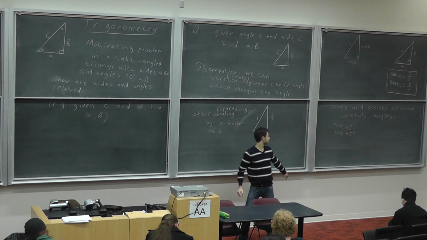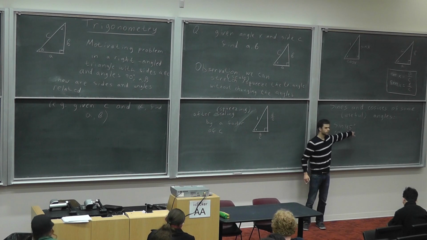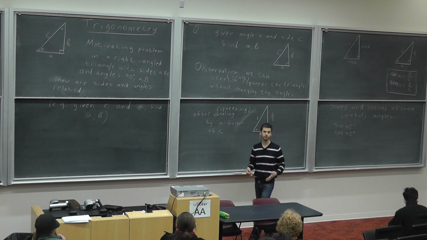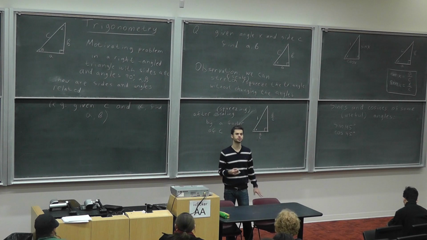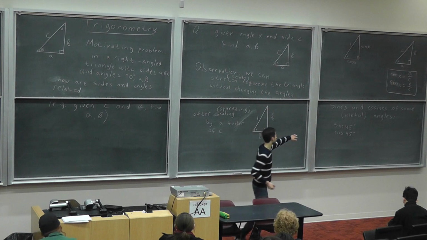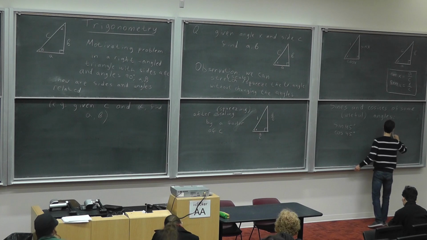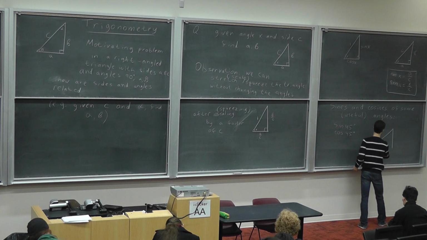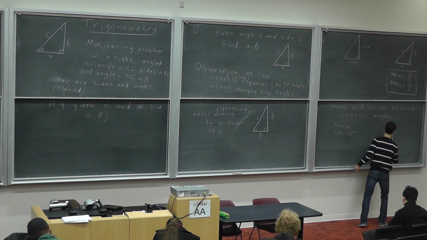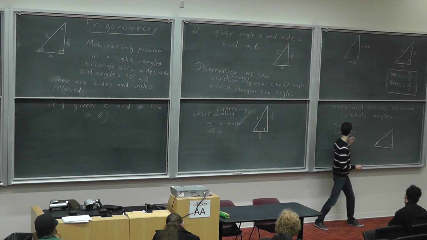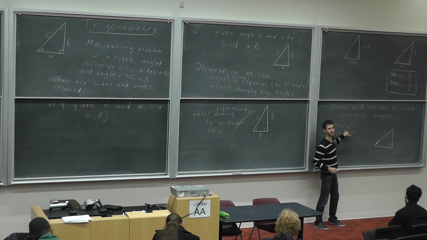Well, in order to compute these sines and cosines, for now the only thing we know is the definition of sine and cosine. Sine and cosine are exactly the side lengths in a right angle triangle where this angle is the argument of the sine.